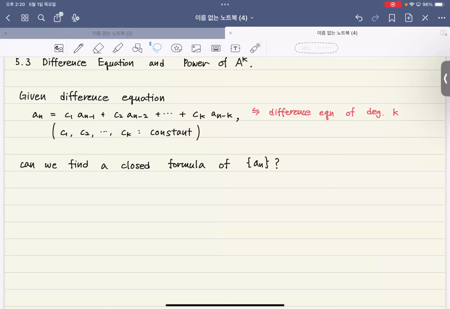So in a computer, everything is considered in a discrete manner. Therefore, every continuous function can be translated into sequences, and solving a differential equation for a computer is the same as solving a difference equation. So in that sense, I claim the difference equation is also very important, and we want to solve it.